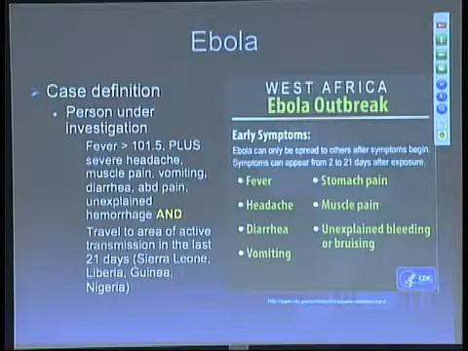So that person becomes what's called a person under investigation with a fever of 101.5 plus severe headache, muscle pain, vomiting, diarrhea, abdominal pain, and/or unexplained hemorrhage, and a history of travel to West Africa or a place where there's active disease within the last 21 days.